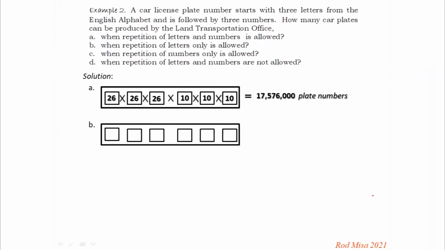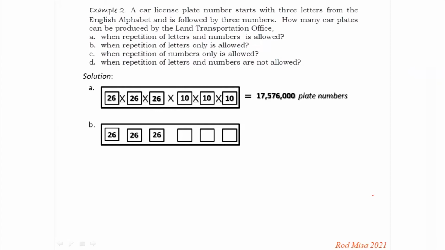Letter B, if repetition of letters only is allowed. In the first position of the letter, I can choose any of the 26 letters of our English alphabet. And also in the second position, I can choose any letter because repetition of letters is allowed here.